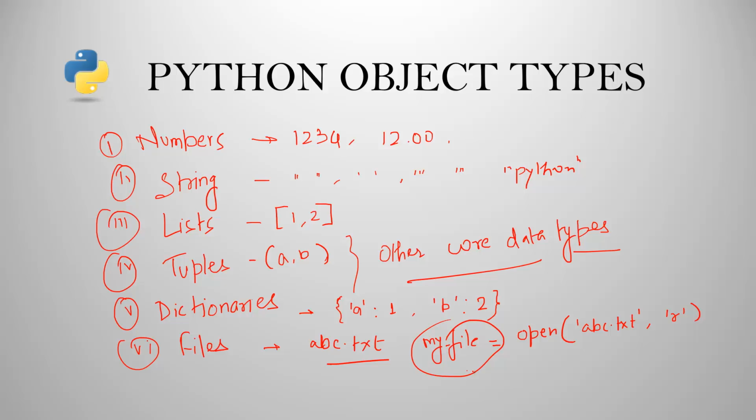Here in Python, we can directly assign anything. Everything in Python is an object, and everything can have attributes and methods. Everything is an object in the sense that it can be assigned to a variable or passed as an argument to a function.